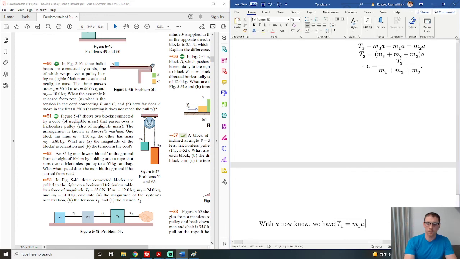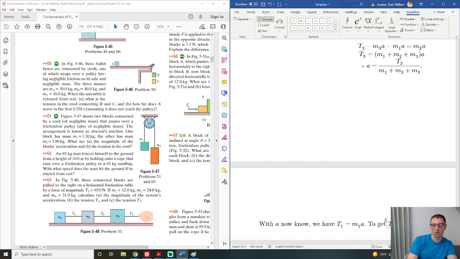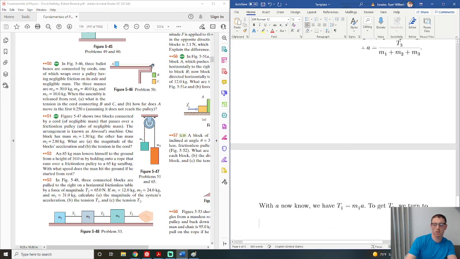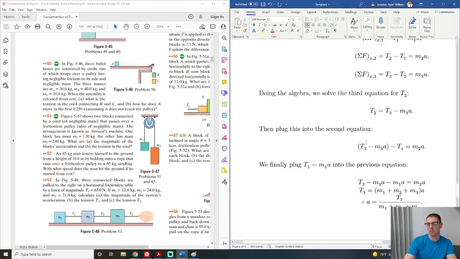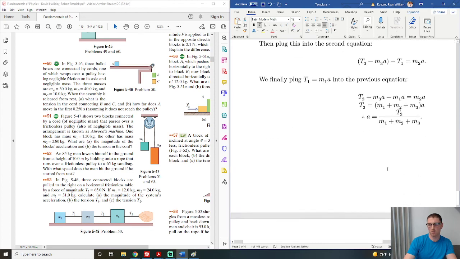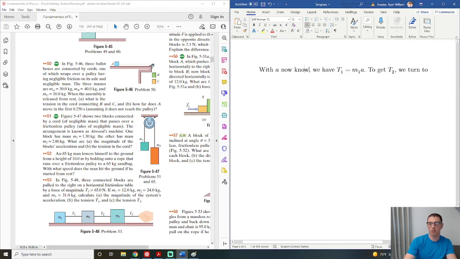To get T2, we turn to, and what we want is this equation. And T3 is given in the problem statement.